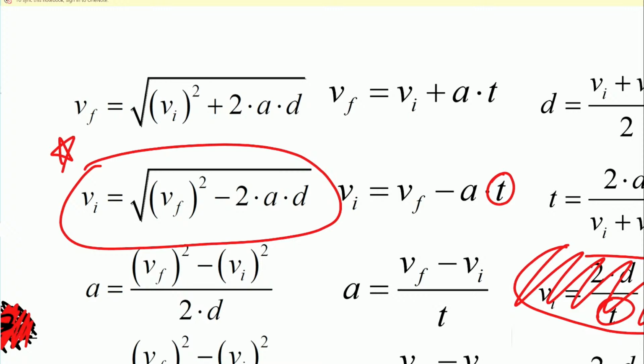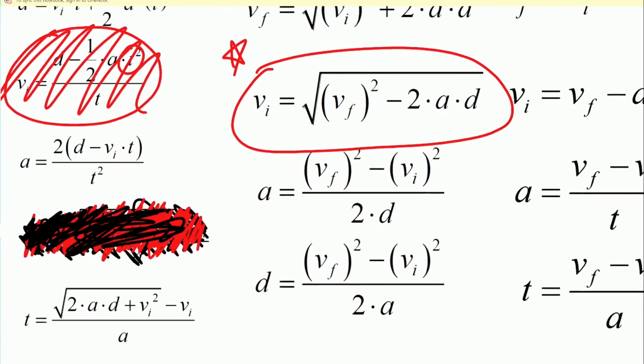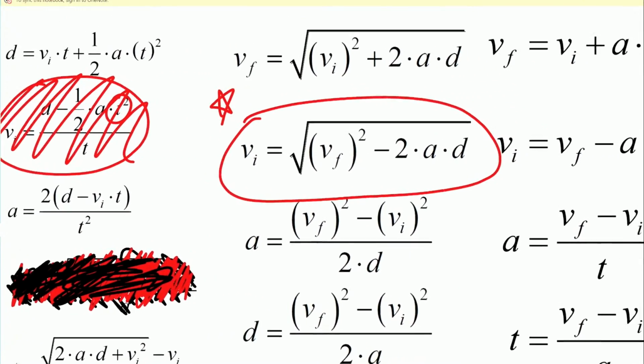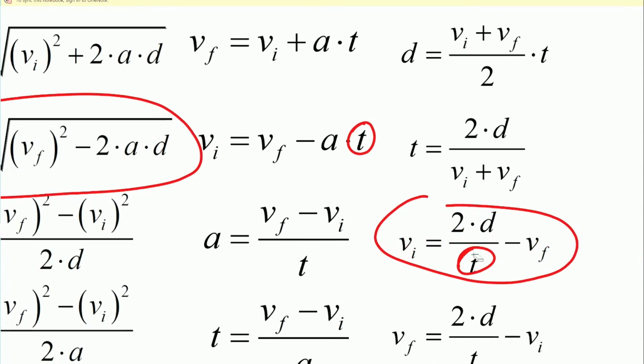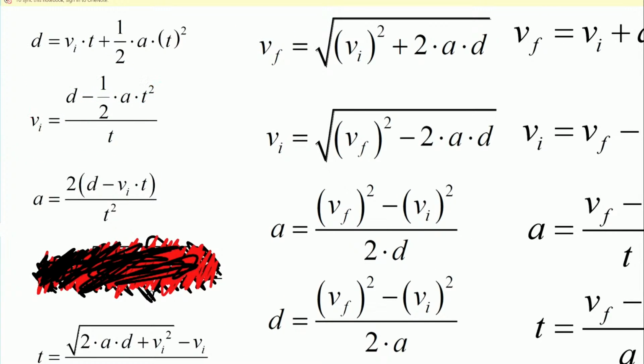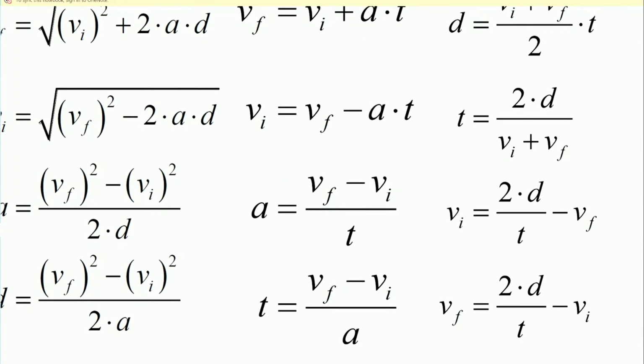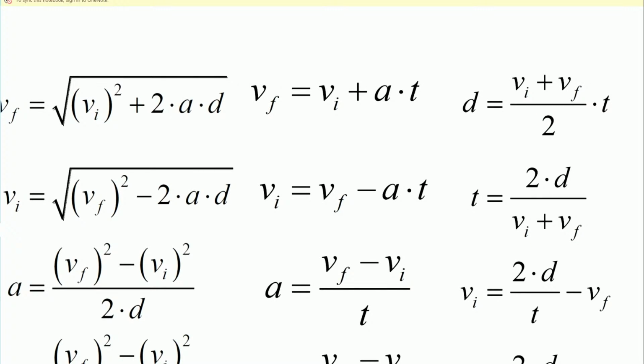V sub I equals, say it again? A plus D? Which equation is that? Well, I don't see one that says A plus D. So where did you get the A plus D, though?